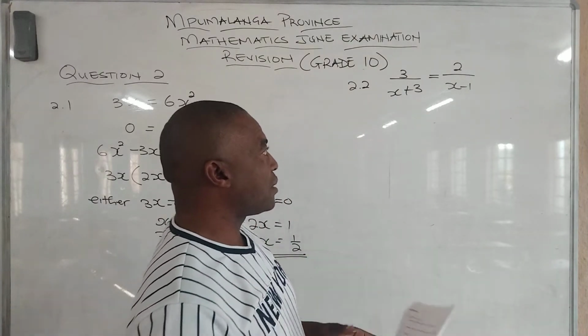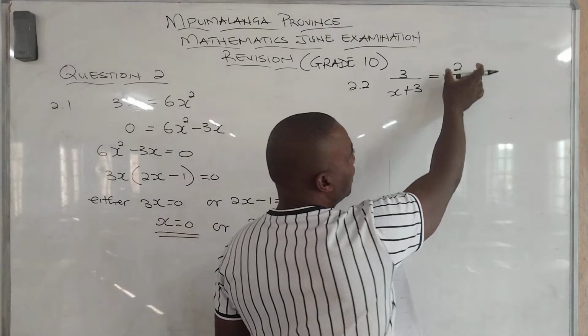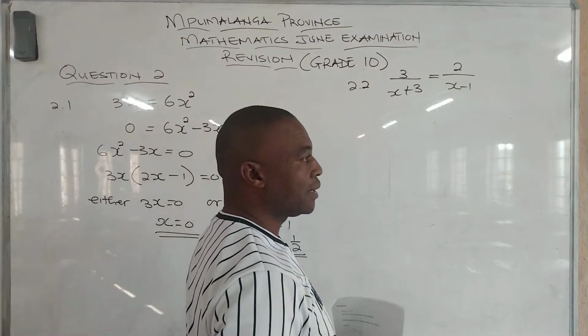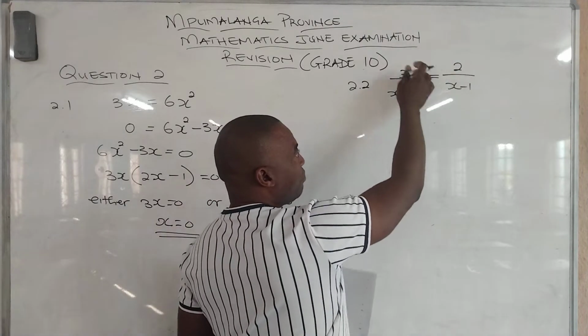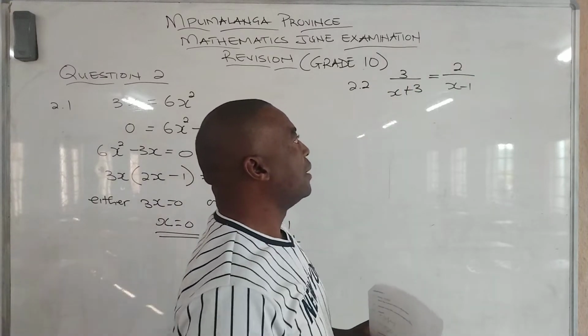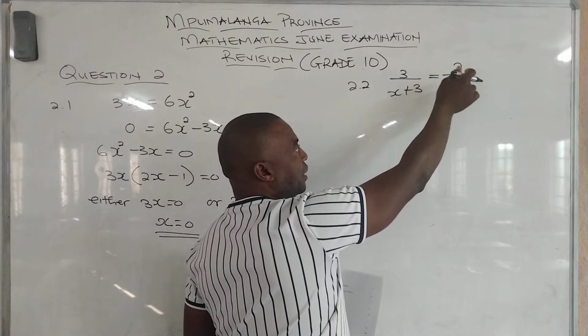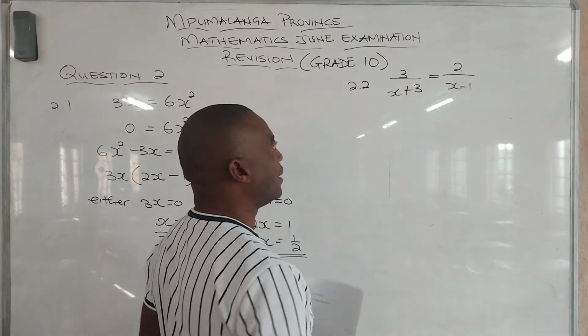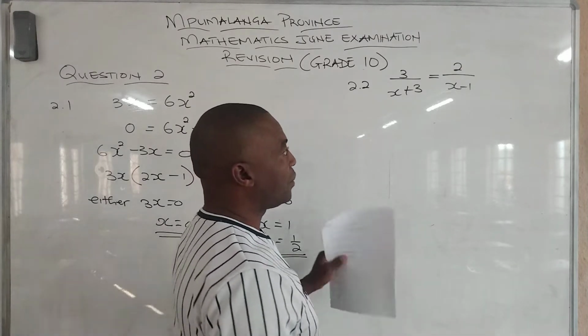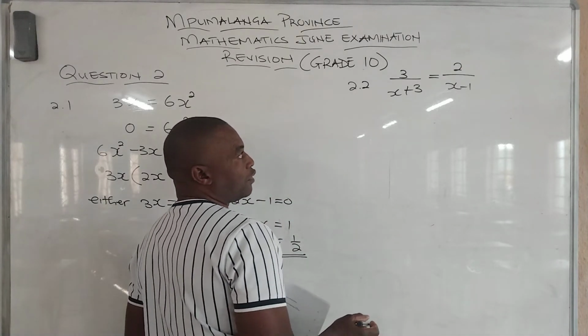But then at times when you are having one fraction this side and one fraction on the other side, just cross multiply the numerators by the denominator on the other side, and that will be the easy way to get rid of denominators.